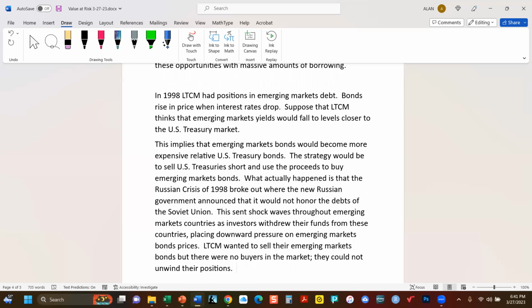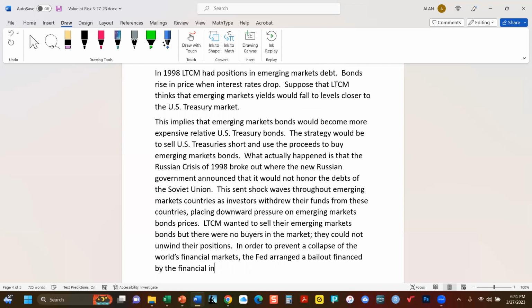It was just gone. So in order to prevent a collapse of the world's financial markets, the Fed arranged a bailout financed by the financial institutions who had lent money to LTCM.